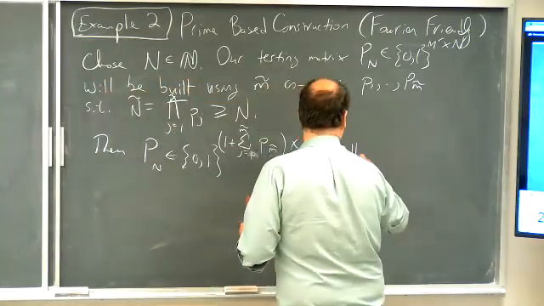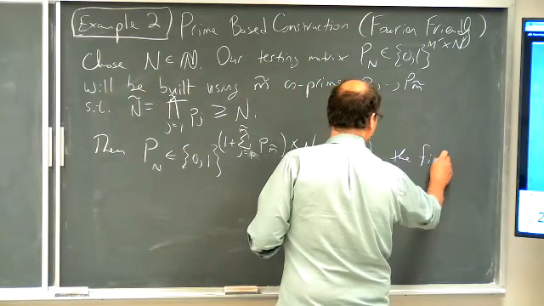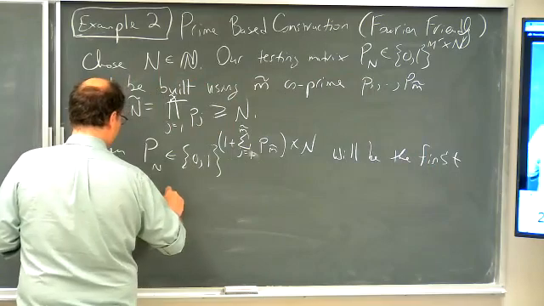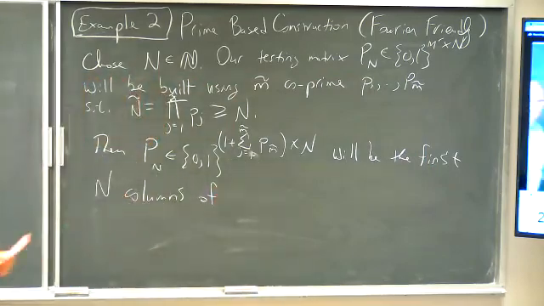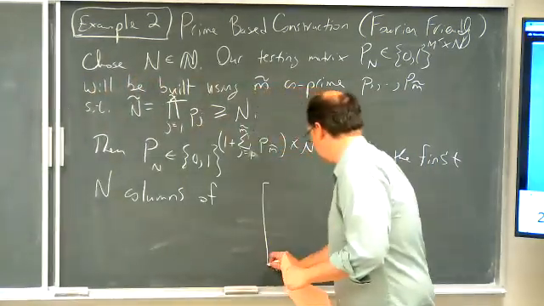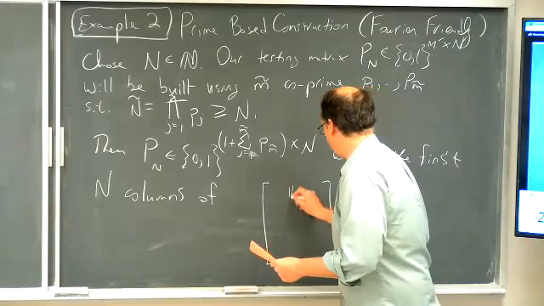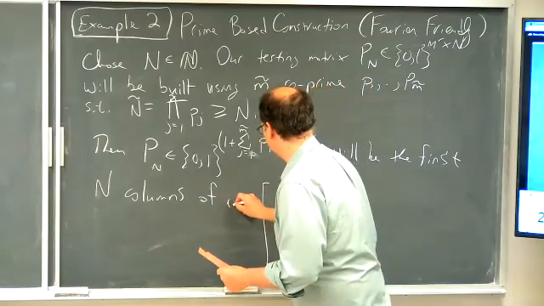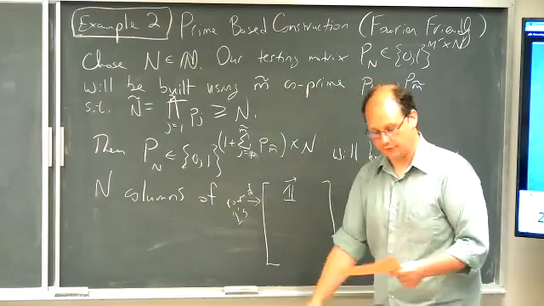And this will just be the first n columns of the following matrix. So what am I going to do here? I'm just going to sort of define a matrix blockwise, so to speak. So as before, I'm going to have a row of 1s for the first row.